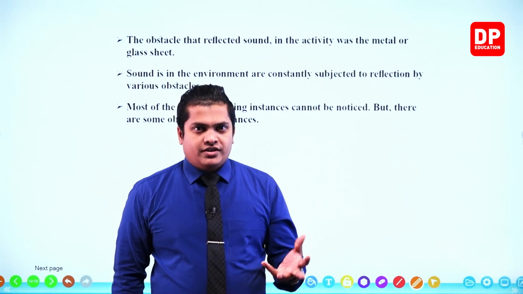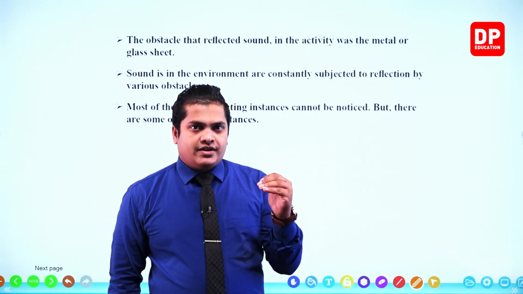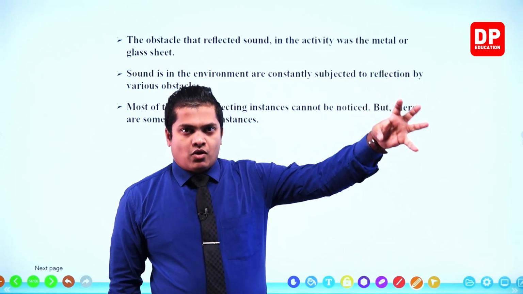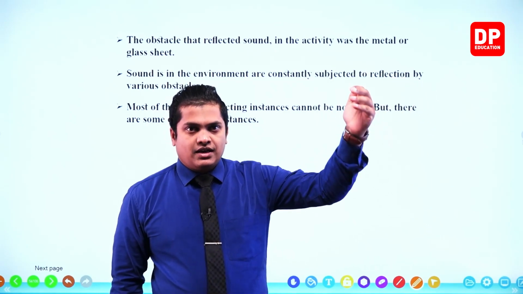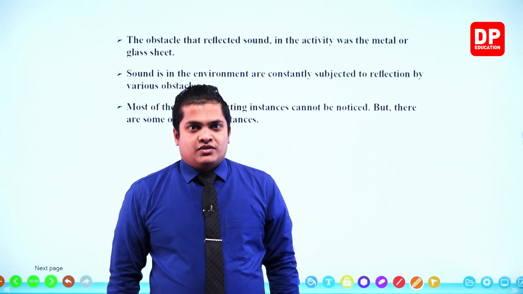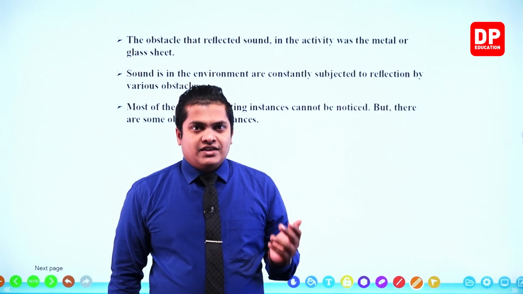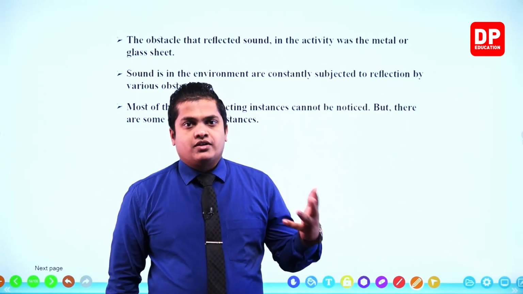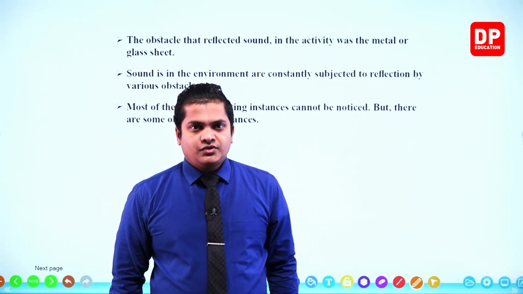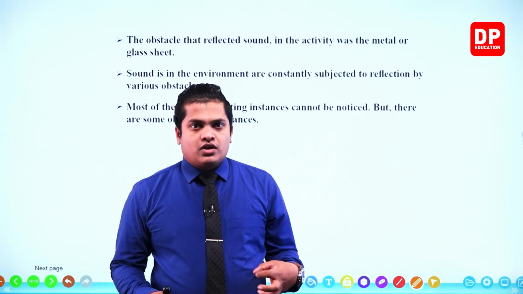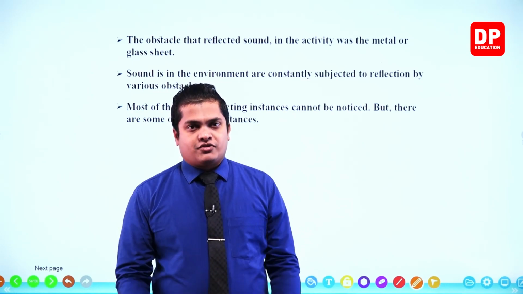When you are shouting, the sound waves generated hit that mountain or some other obstacle and come back towards you. That is why you can hear your sound when you go to the top of a mountain and shout. So that's a phenomenon which occurs mainly because of the reflection of sound.